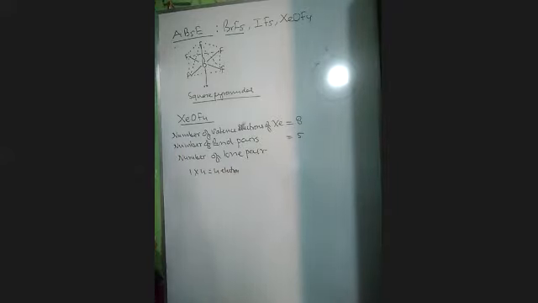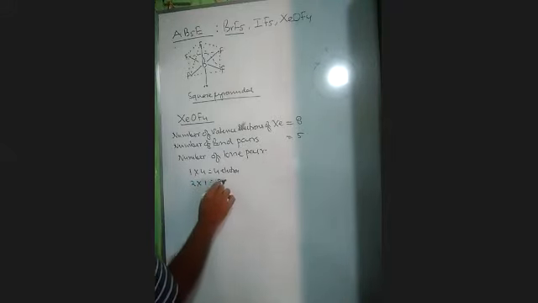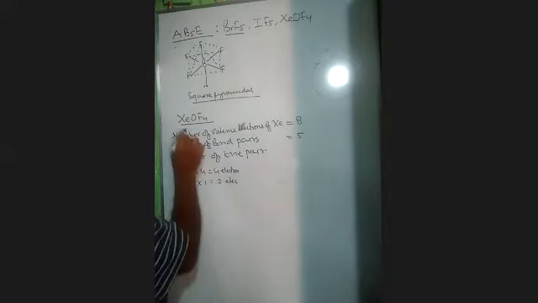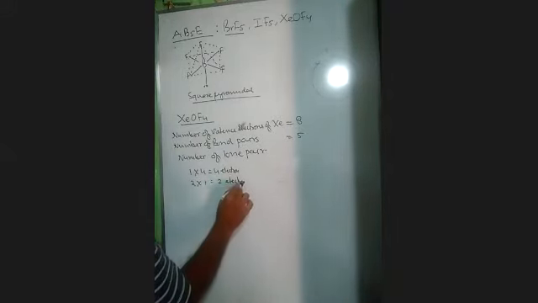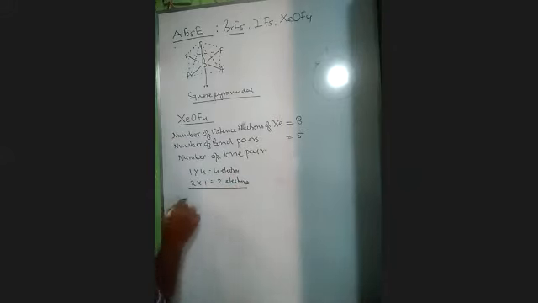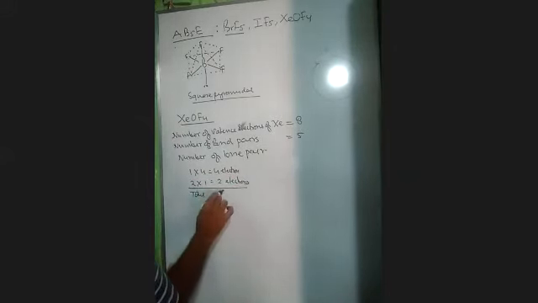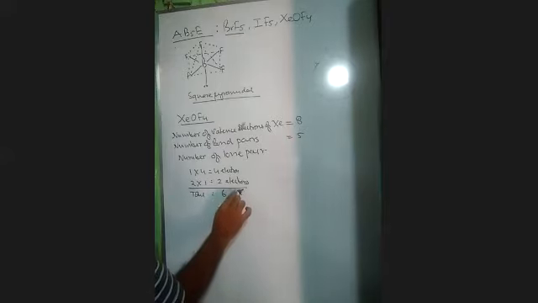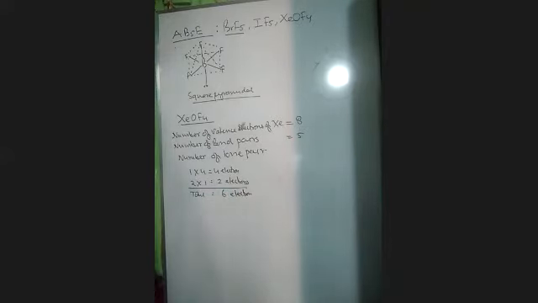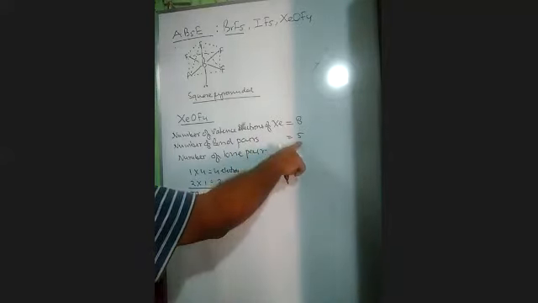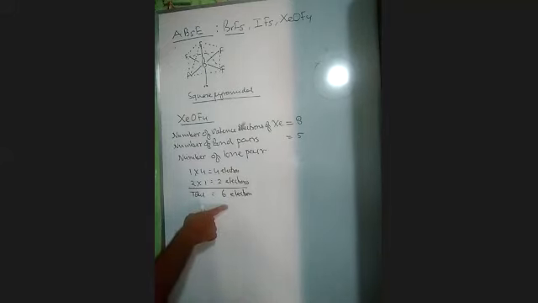The valency of oxygen is 2, so it has taken 2 electrons of xenon. So the total number of electrons taken is 6. The number of bond pairs is 5, but electrons taken is 6.